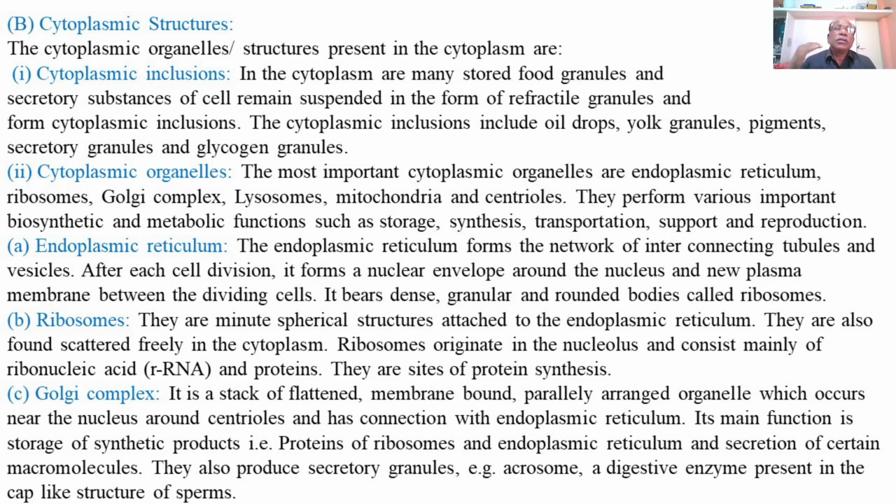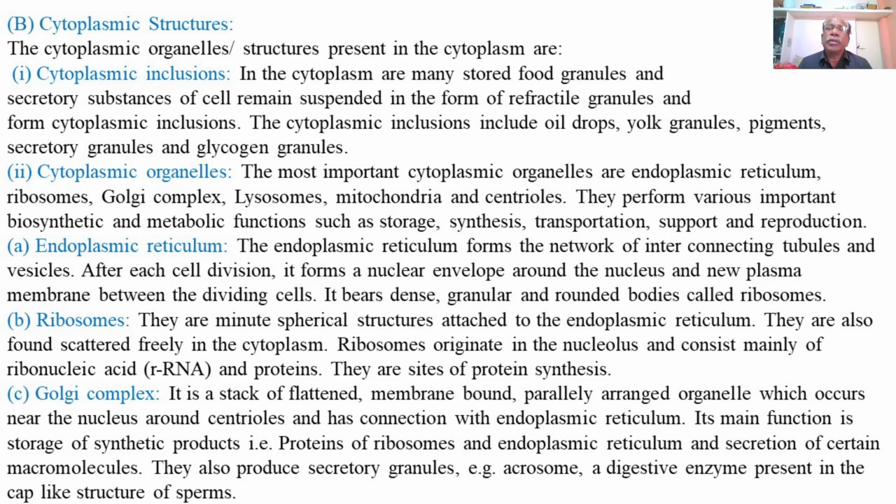So, the cytoplasm includes certain embedded or dissolved substances, certain organic biomacromolecules, such as stored food granules or secretory substances produced by the cell organelles, or brought into the cell through the plasma membrane, which remain suspended in the cytoplasm in the form of refractile granules and form cytoplasmic inclusions.